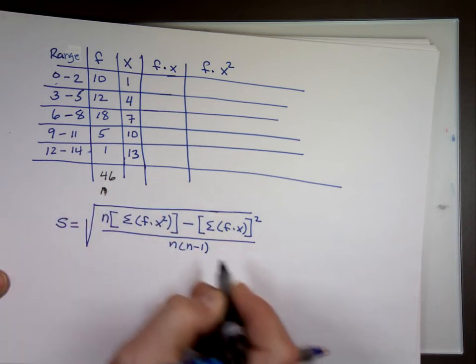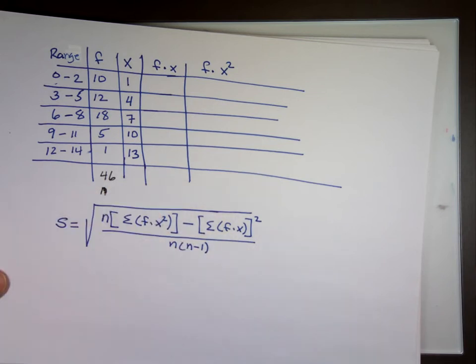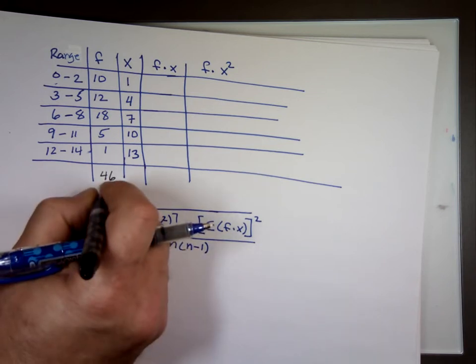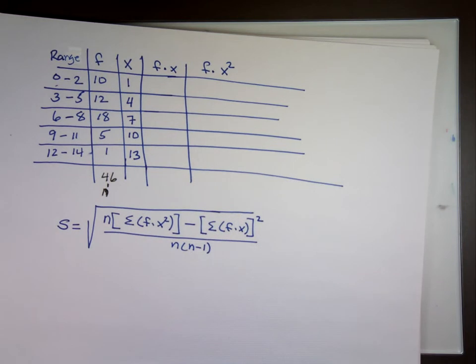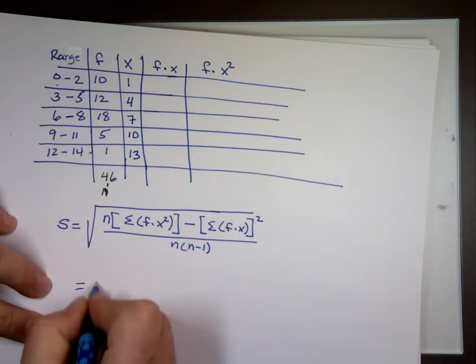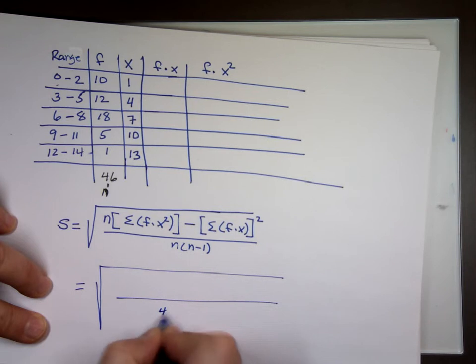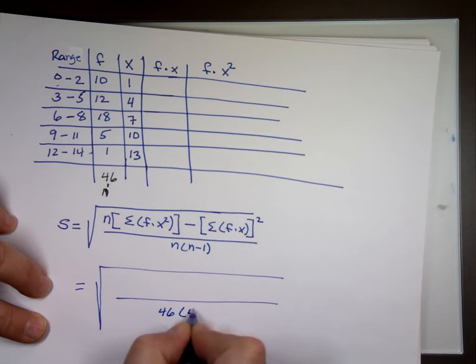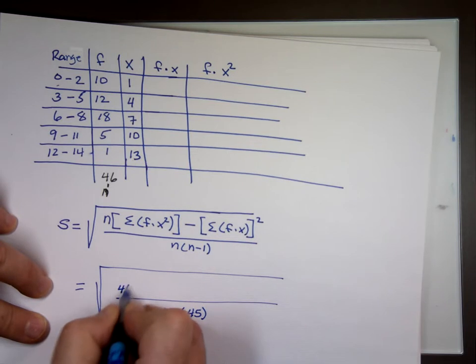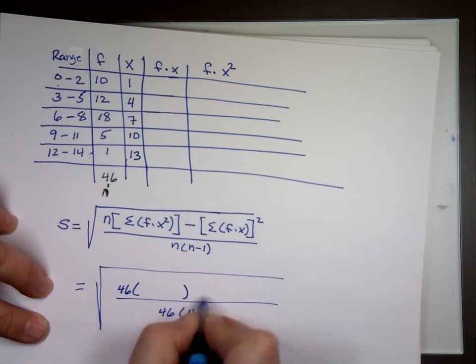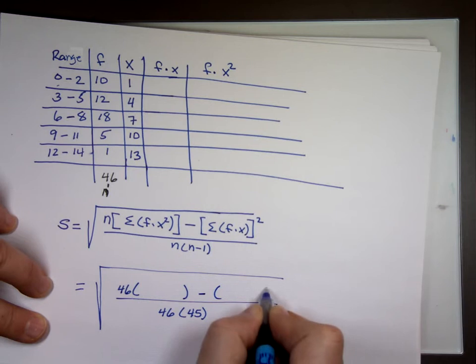N equals 46. So now, let me plug in what I know so far before I do anything. The bottom is going to be 46 times 45. The top is going to be 46 times, I need a number, minus another number squared. I've got to get these numbers.